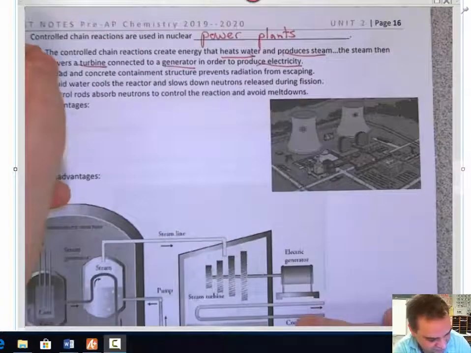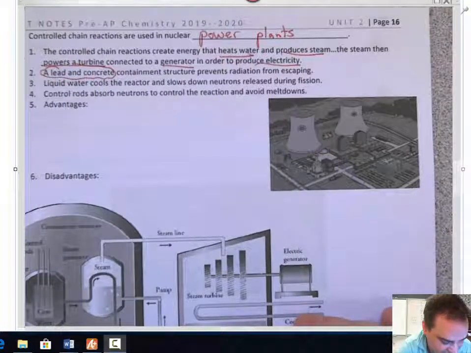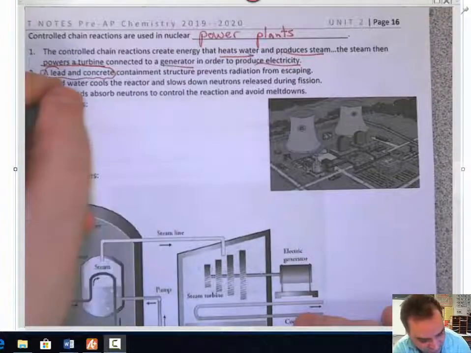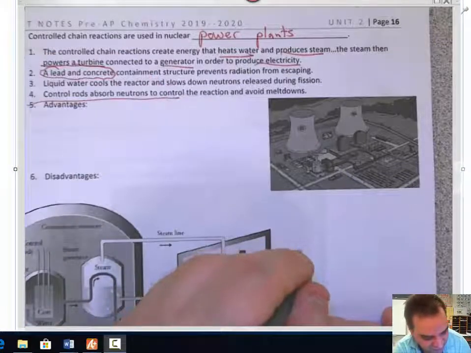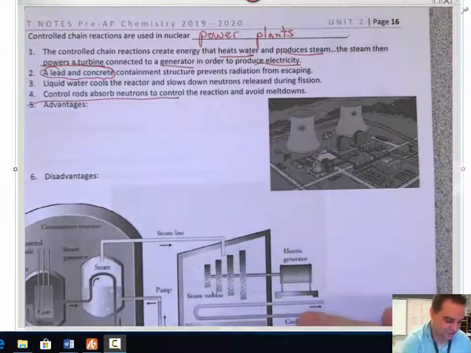There is lots of lead and concrete to prevent radiation from escaping. There are control rods that absorb the neutrons to avoid meltdowns, and liquid water is used to cool down the reactor and slows down the neutrons during fission.